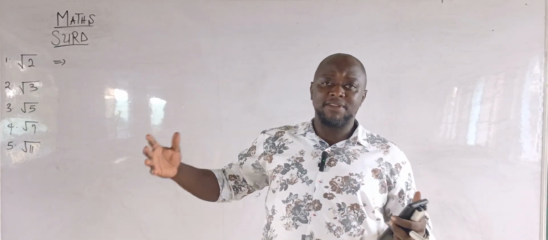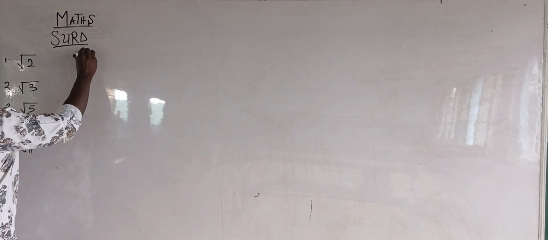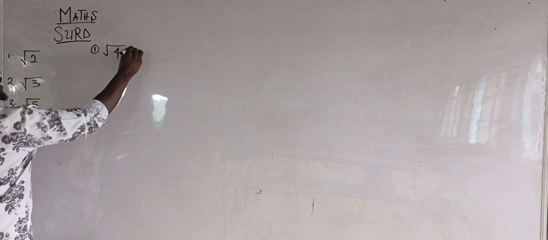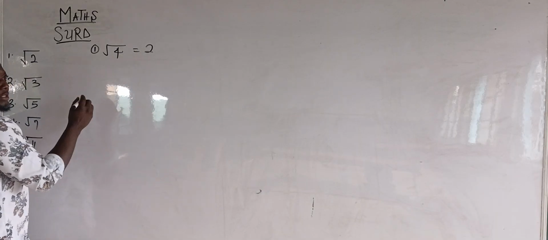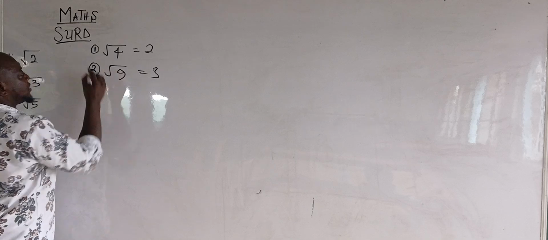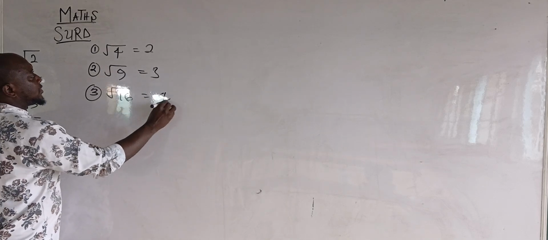So they cannot be simplified. But note that these are not surds. If you have this, this is not called a surd. This is not a surd. This is not a surd.